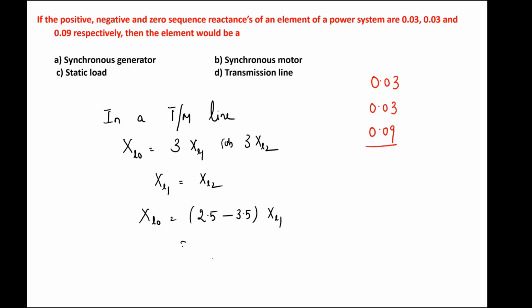So approximately we can take it as 3 times XL1. So this element should be a transmission line, where positive and negative sequence reactances are the same and zero sequence reactance is approximately 3 times positive sequence reactance.